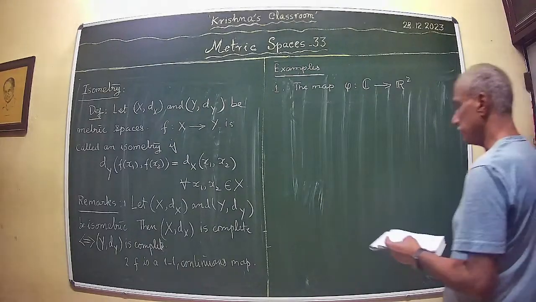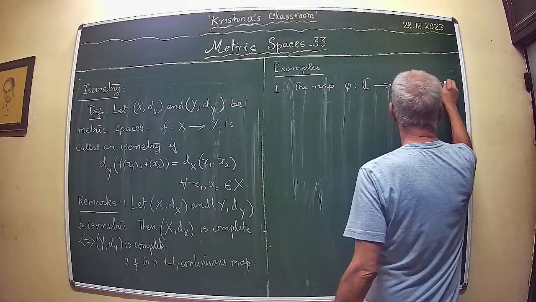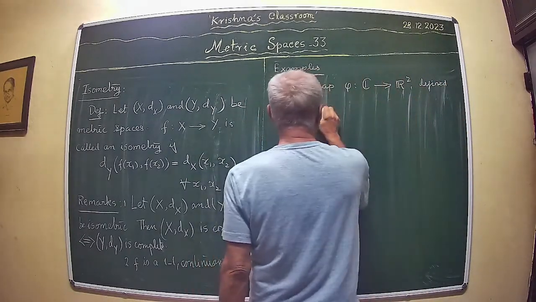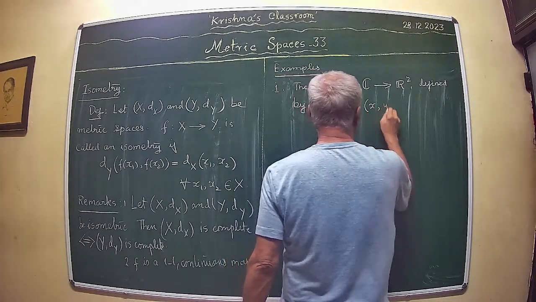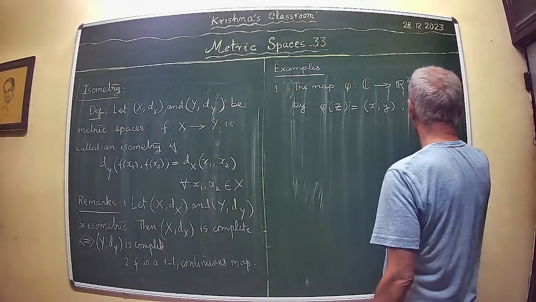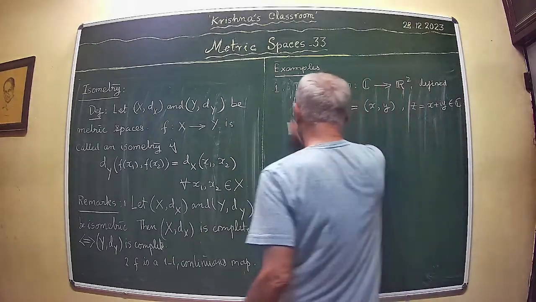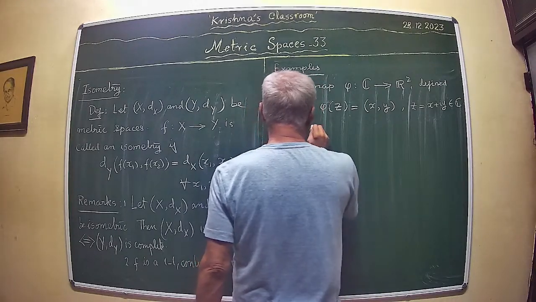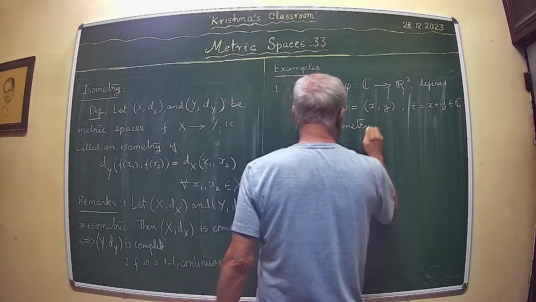The usual metric, where z is equal to x plus iy, is an isometry.